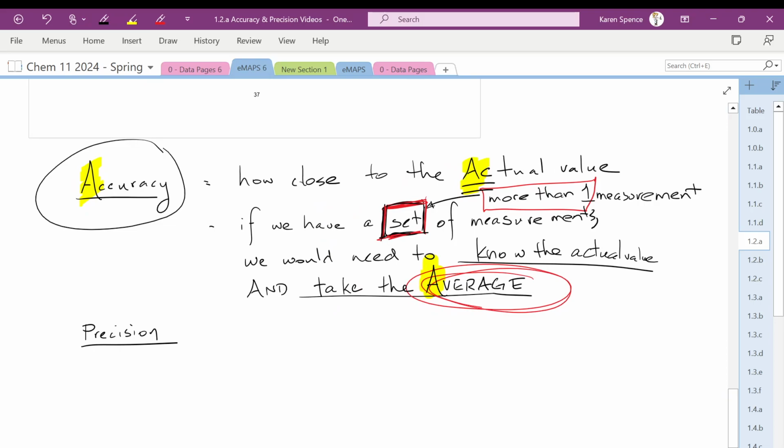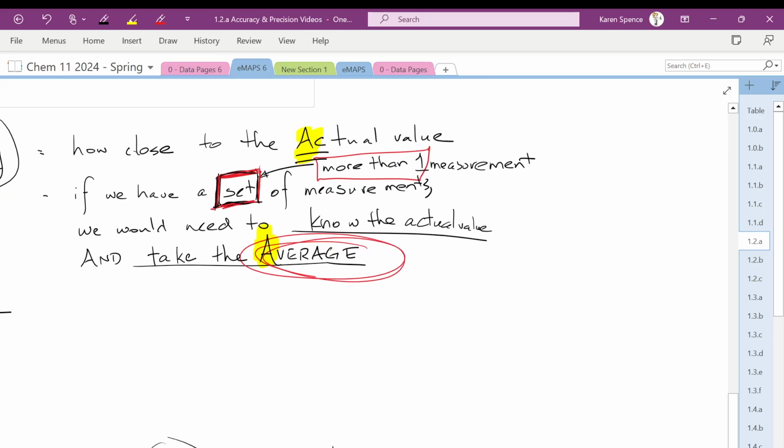Do you remember how to take an average? Anyone need a review on how to take an average? Add up all the numbers and then divide by... How many people think they know how to take an average? I won't call on you.